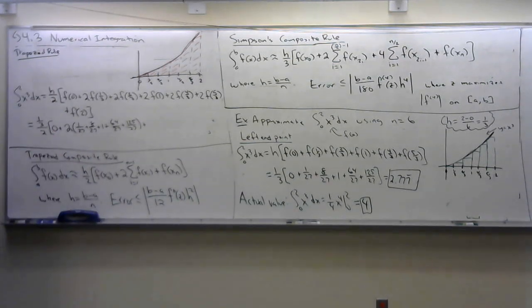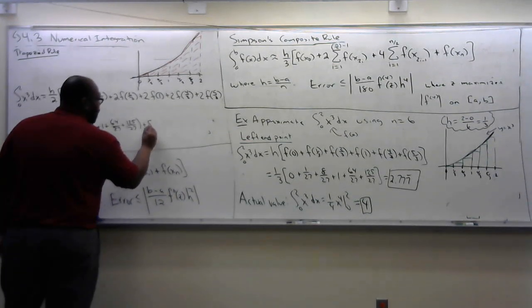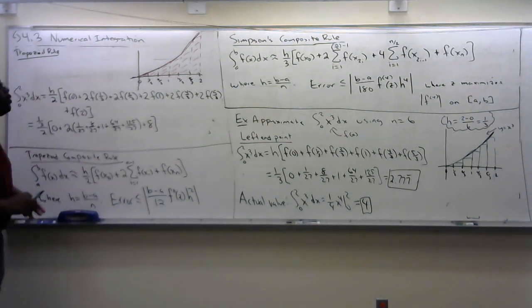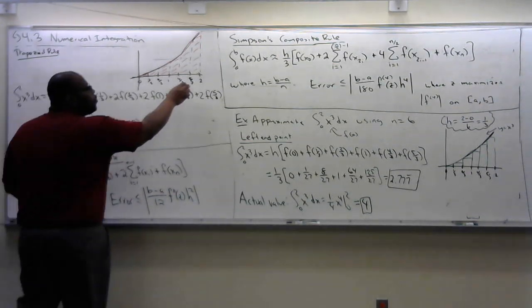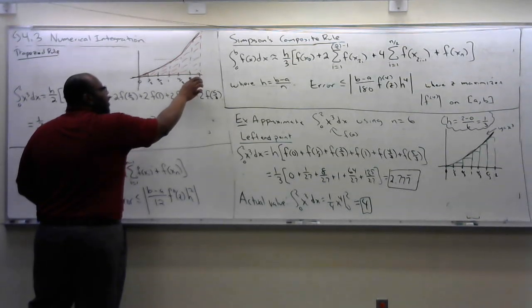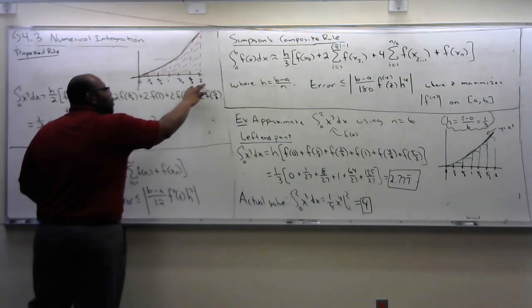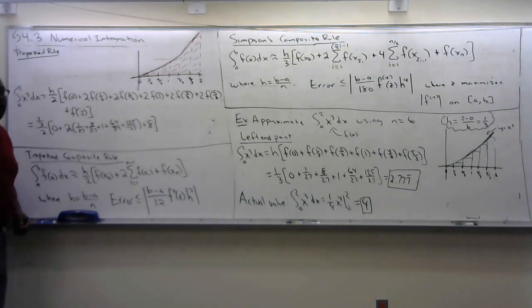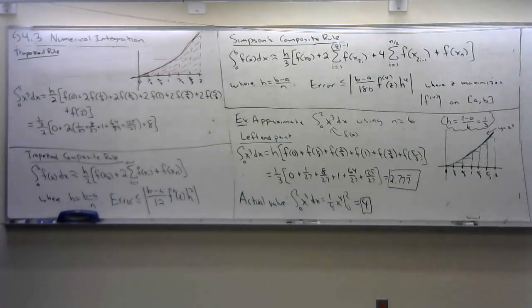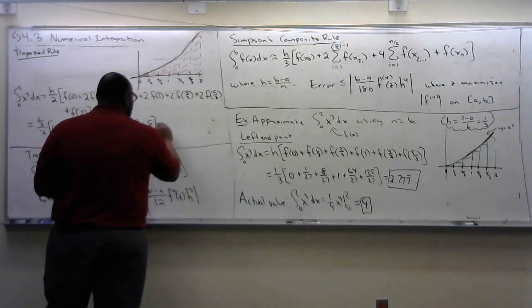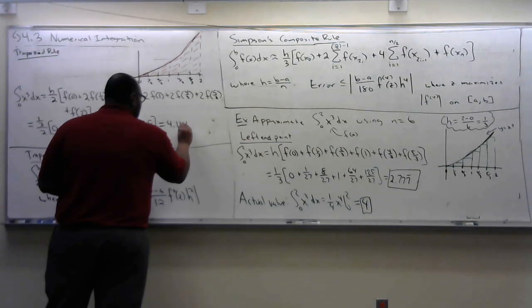F of 2 in this case is going to be 8. Now, I actually have to use f of 2 this time. Remember, because the trapezoid rule is going to use the left point and a right point. So that's why f of 2 is showing up here. And you know what I get when I do this one? I get 4.1111. It repeats forever, just like the other one did.